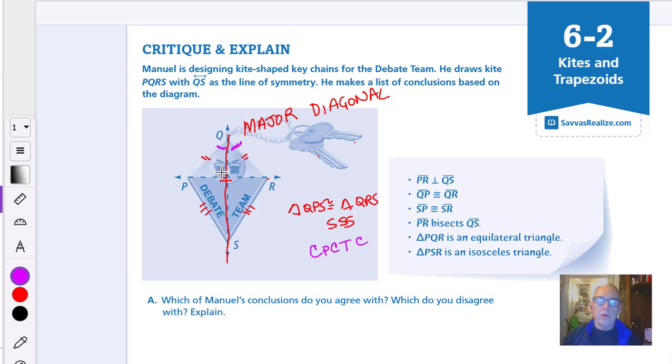And also down here at this S vertex, this angle PSQ is going to be congruent to this angle RSQ. So in effect, this major diagonal in a kite bisects angle Q and angle S. Now we're going to call Q and S the vertex angles.